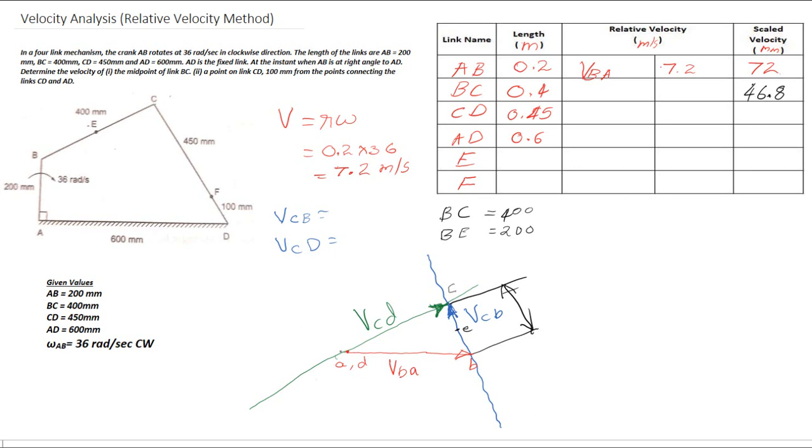And upon measuring this other dimension, it is equal to 66 mm.